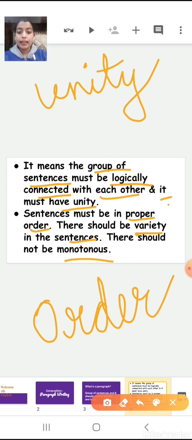Then we have to arrange them in a proper order. We should not repeat one sentence again and again, otherwise it will look boring. It should not look unattractive or uncreative. Okay.